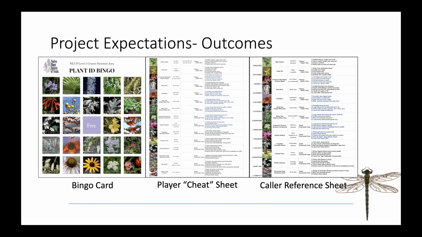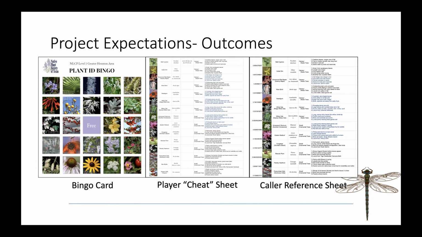on your card. So on the right, you see the caller reference sheet, which is what the caller will be using in order to call the game. And then in the middle, we have the player cheat sheet, which is something that we want to create for the players and send to the players so that when they do play the game, they have something they can refer to while they're playing.